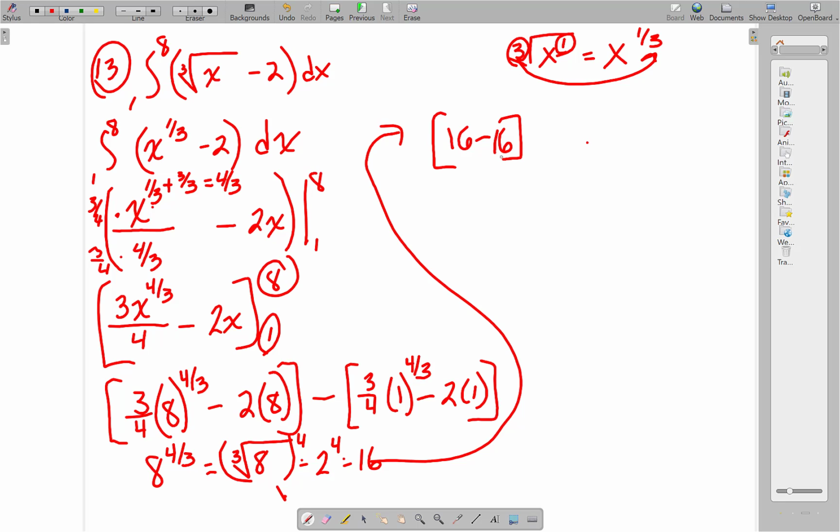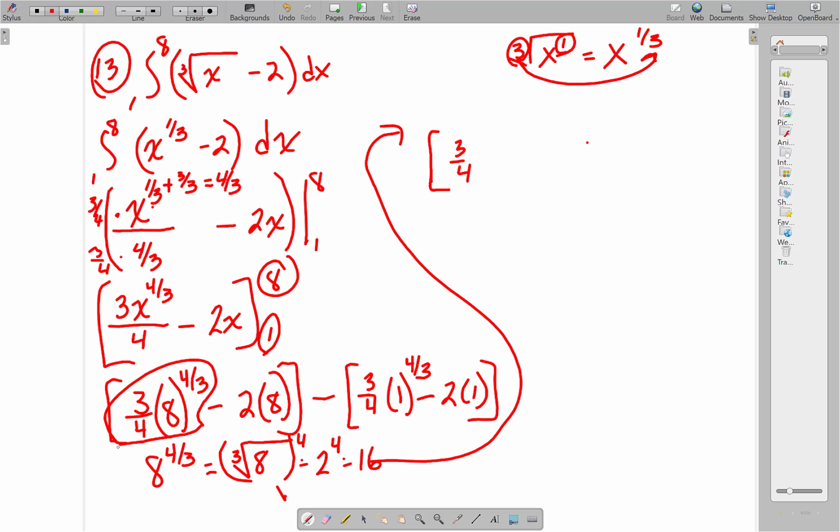And let me double check that and make sure I did that right. Oh, sorry, let me erase that. What we actually have here is 3/4. I'm substituting back into this value here.